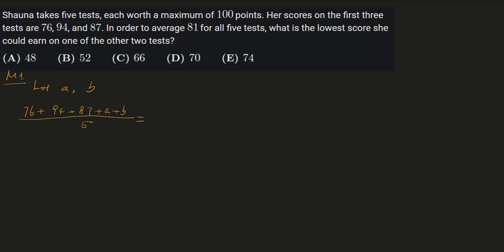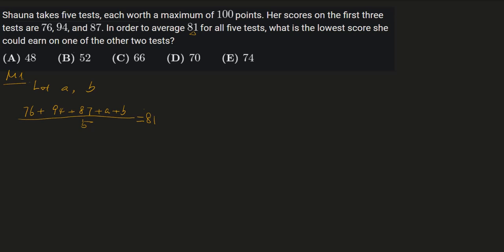That shall equal this desired average, 81. And the normal approach to handle an average is always you multiply this count, in this case 5, on both sides, so that you will get the sum of all the quantities, and then you start analyzing either the properties or some specialties with the numbers.